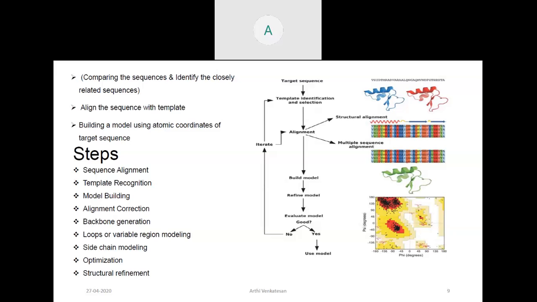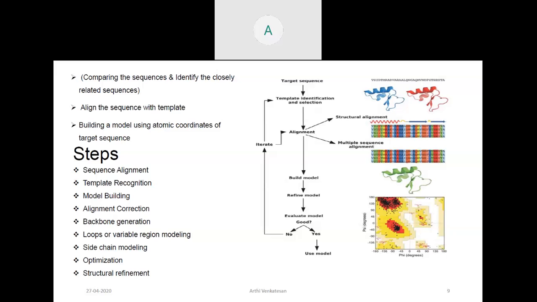The next is multiple sequence alignment: you align multiple sequences, not only the monkey sequence, and find the identical sequence.